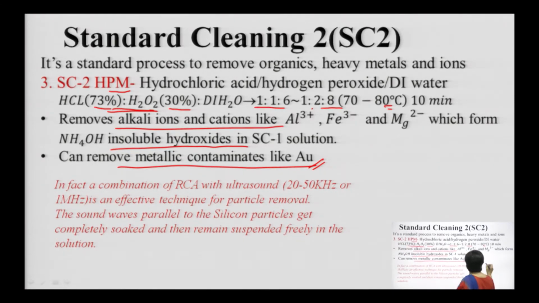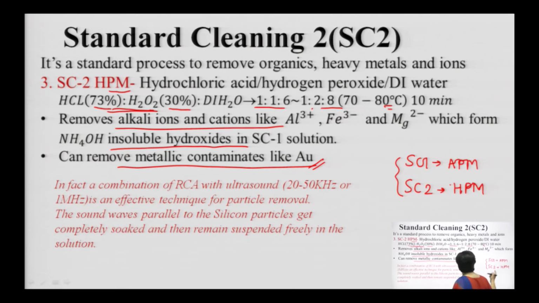So, first was the SC1 solution, which was APM, ammonia and hydroxide, and this is known as the SC2 solution, which is HPM. This is the difference between these two solutions, and they both are part of the RCA cleaning process.